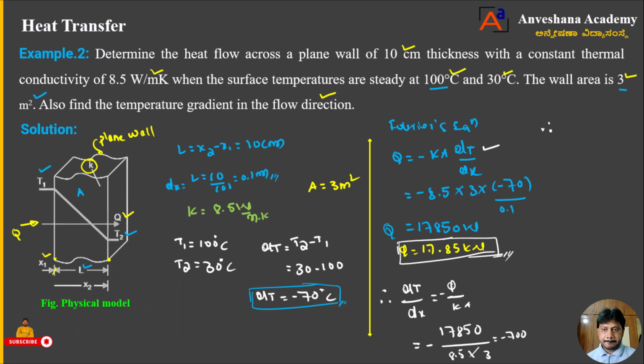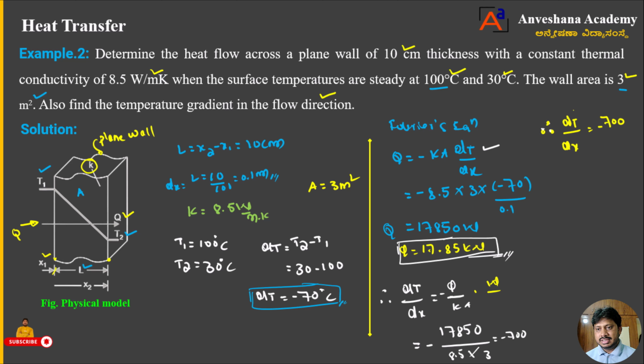So therefore dT by dx is equal to minus 700. What is the unit now? Here it is watt, right? Here it is watt per meter Kelvin, then here it is meter square. This is change in temperature.